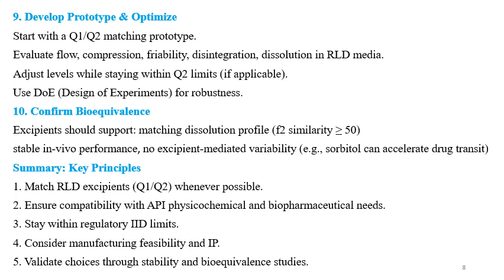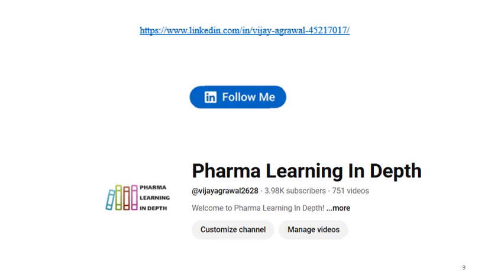Stay within the regulatory IID limits. Consider manufacturing feasibility and intellectual property related claims like patent claims. Validate the choices through stability and bioequivalence studies. You can do multiple activities in parallel so that you can save your development time.